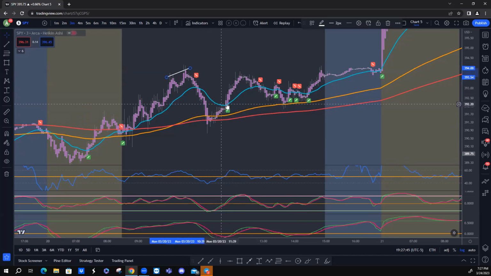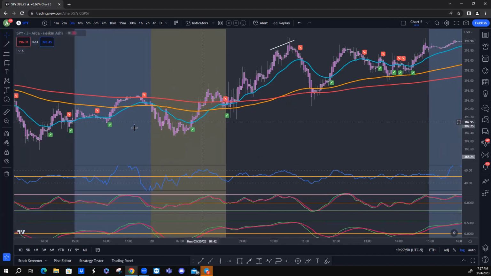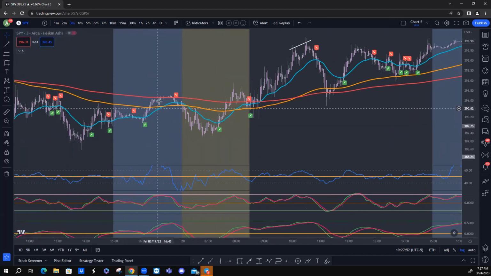That's why I call this the slingshot, and it works the other way too. You can see it right here. You've got the red and the orange, and then you can see the teal EMA moving right in. And once you get your signal, it's like you release the rubber band and price moves out.